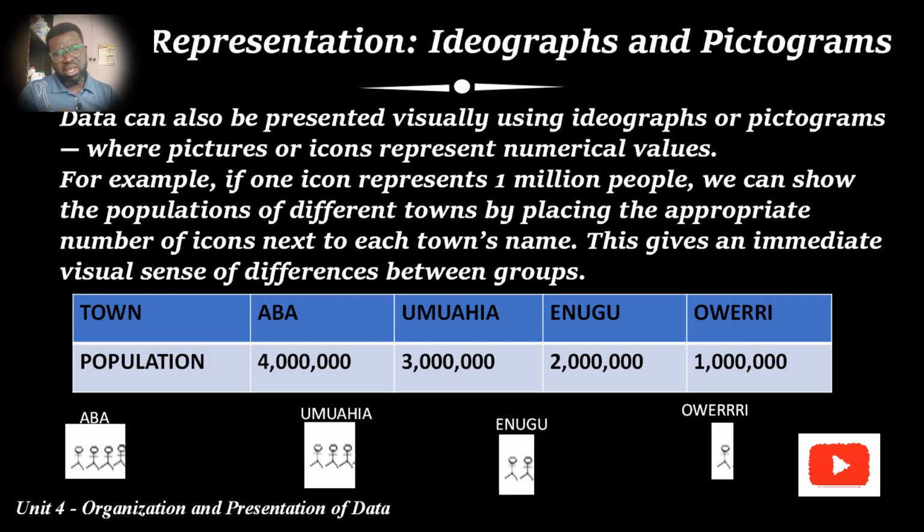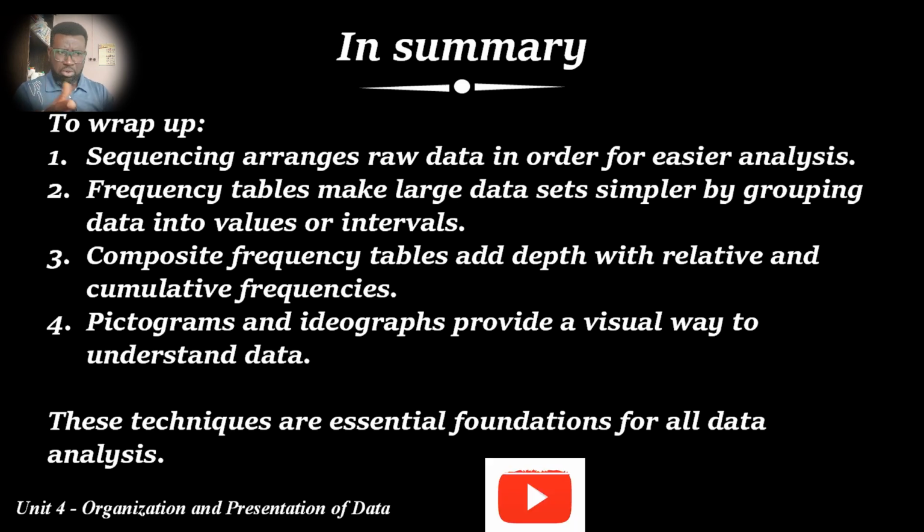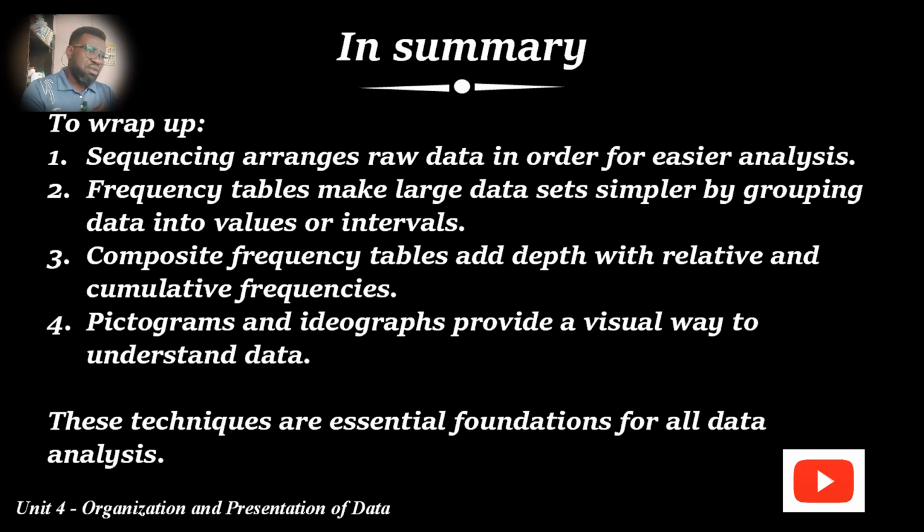Now, in summary, today we have talked about the concept of sequencing, and we actually showed how it's done. Sequencing simply means to arrange raw data in order for easy analysis. We also talked about frequency tables, and we said they make a large data set simpler by grouping data into values or intervals.